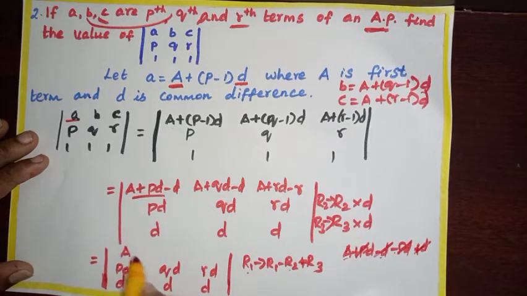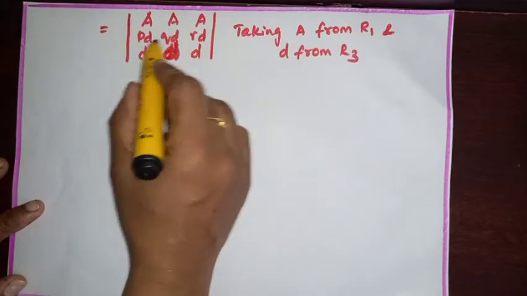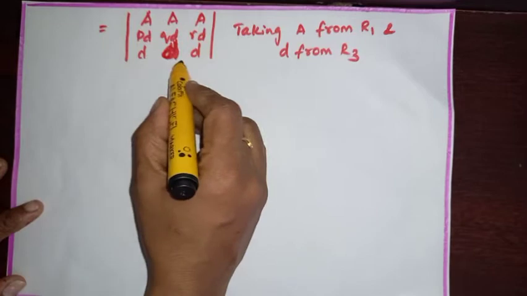Then you will have A in the place of A11. Similarly, here also we will have A, here also we will have A, which is equal to the determinant A, A, A, PD, QD, RD, D, D, D.